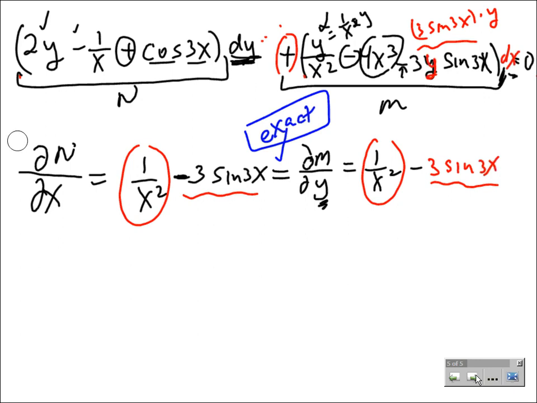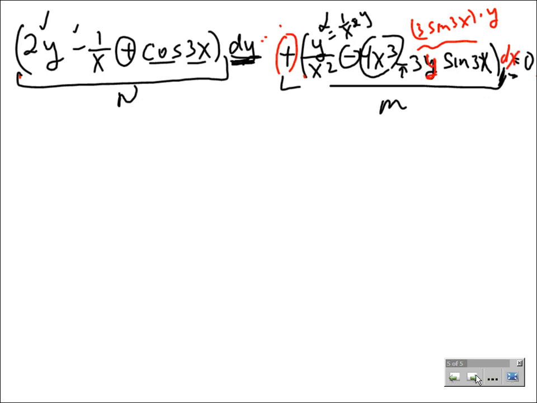So now that we've established that it's exact, on an exam, do not erase what I'm doing, keep it. Now I need to solve for f. Remember, N is the partial of f with respect to y. And M is the partial of f with respect to x.